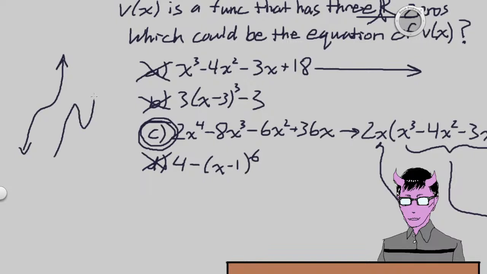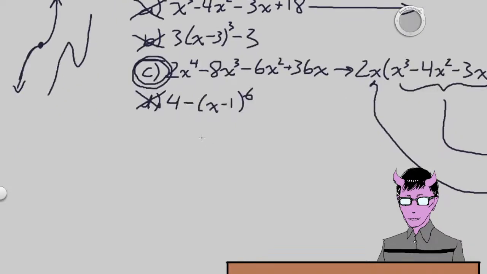You don't have multiple bumps like this. You don't have a concave down and a concave up. You just have a single inflection point. So there's no room for more than 1 zero for option B. And then again, this one is just going to be standard U shape. It's reflected and shifted upwards, but it only has a maximum of 2 solutions for this situation.